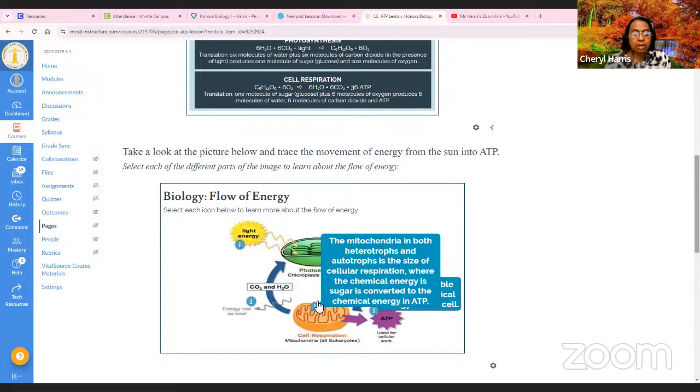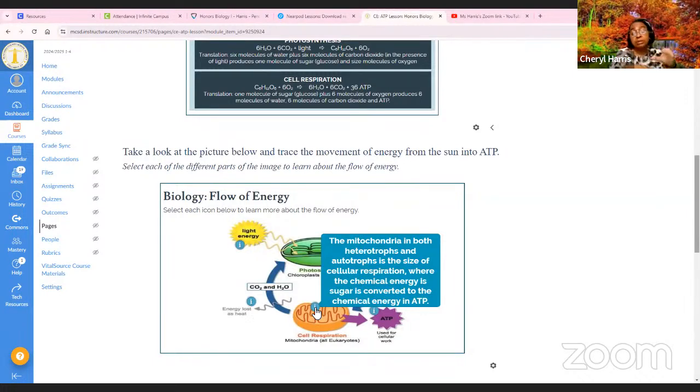We're in the mitochondria. Now, plant cells have mitochondria as well as animal cells. So this is happening in both the plant and animal, or it says all eukaryotic cells. So remember, eukaryotes are the cells that have membrane-bound organelles.